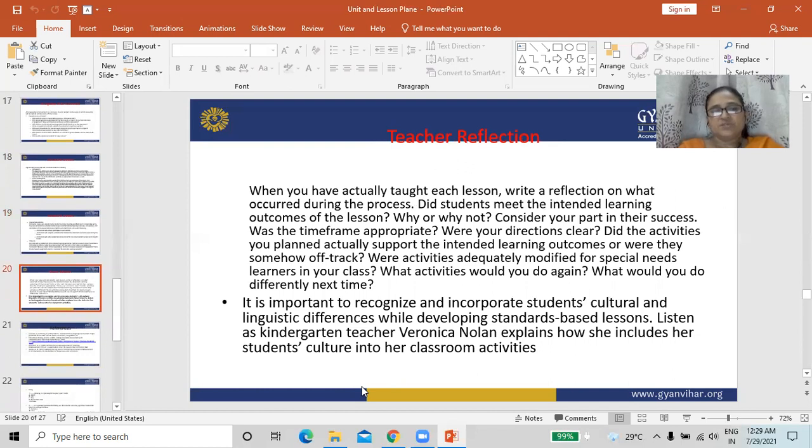Teacher reflection: once you have actually taught each lesson, write a reflection on what occurred during the process. Did students meet the intended learning outcome of the lesson?